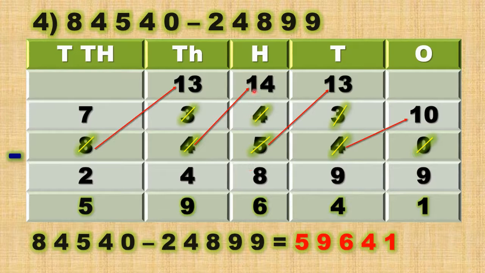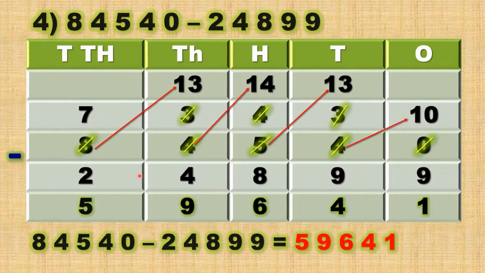So 14 minus 8, we got 600s. Now in the thousands place, we cannot subtract 4 from 3. So we will borrow 1000 from 8000s. So 8 will become 7 and 3 will become 13. We have to subtract 4 from 13. So 13 minus 4 is equal to 9. We will get 9 thousands.